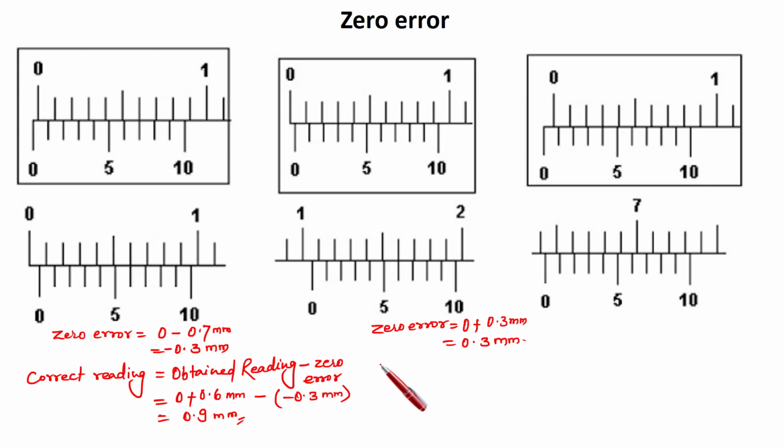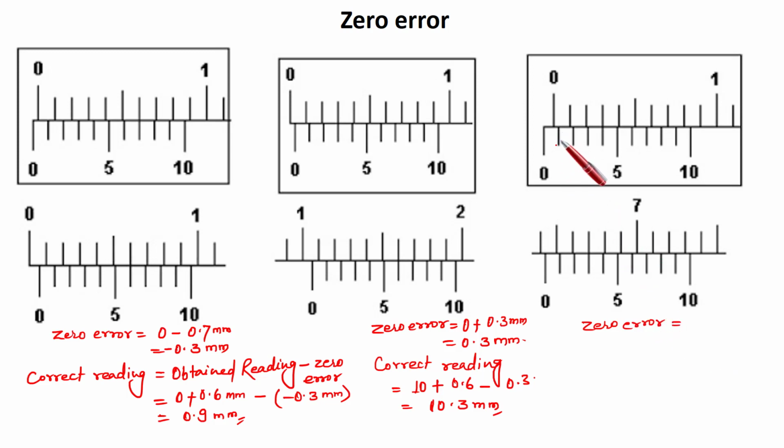In this case, the correct reading will be the obtained reading. Here after 1, it is obviously 10 mm main scale reading plus vernier scale reading, how much? 6, 0.6, minus 0.3, which will give you 10.3 mm. Clear?